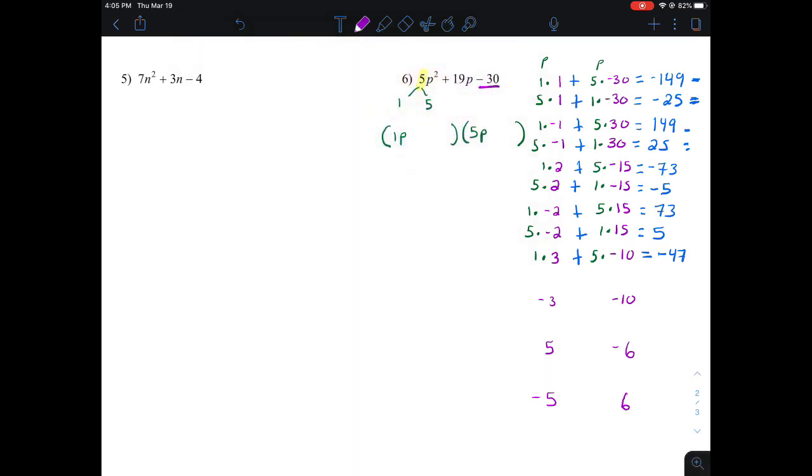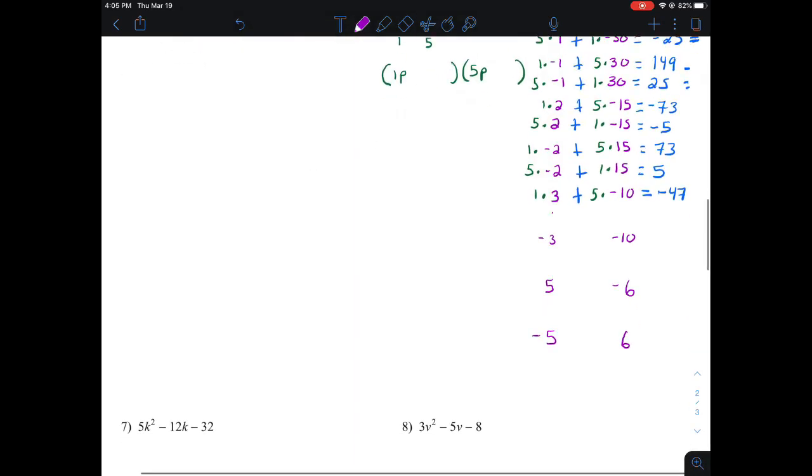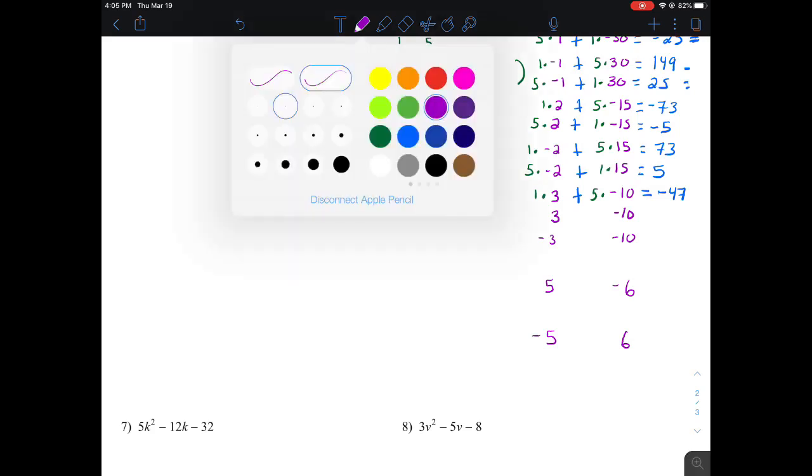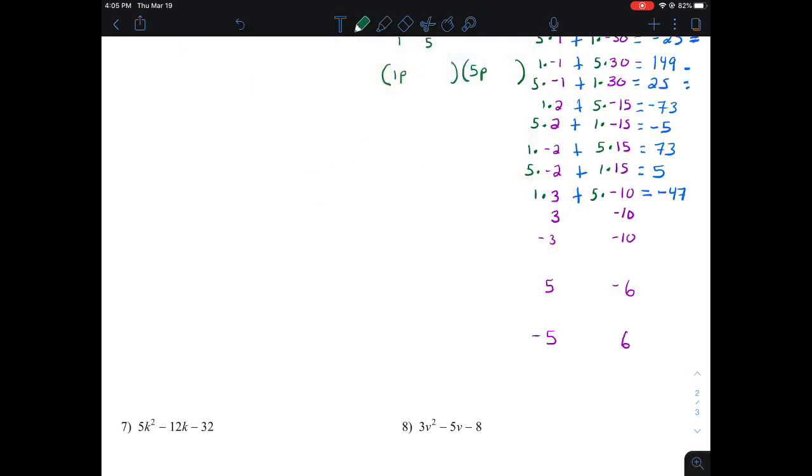Maybe we had the right numbers, like I keep saying, and we just multiplied the coefficients to the wrong things. So we multiply the 3 by 5 this time, the negative 10 by 1, and we'll multiply and add there. 15 and negative 10 make positive 5. Huh. Well, they didn't work.